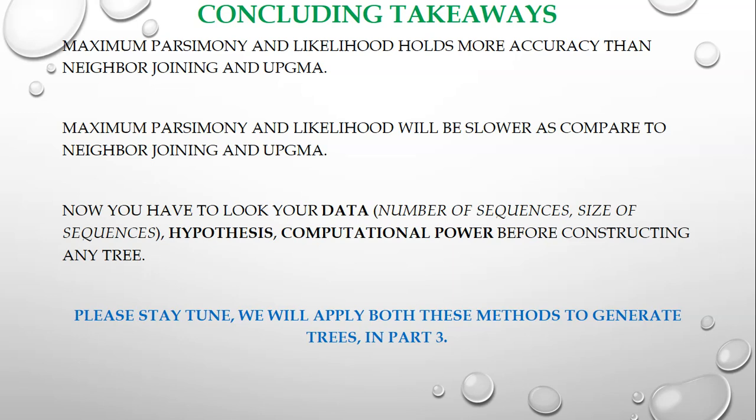So in that case, first I would suggest to try UPGMA and neighbour-joining, because that will be quicker compared to the other. But remember, neighbour-joining and UPGMA do not consider real evolutionary processes. They only give you the evolution based on the distances, or you would say based on the mutations.